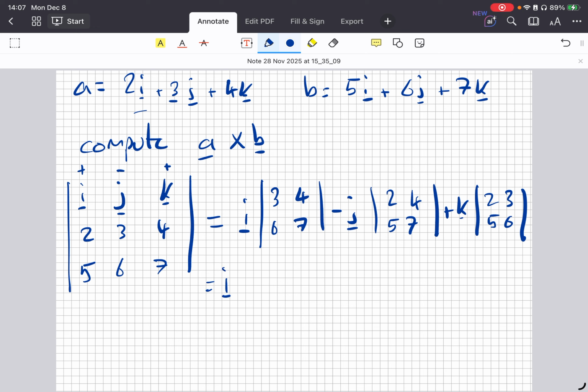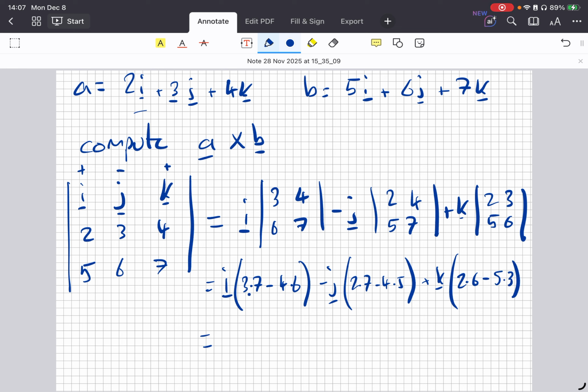So this is going to be equal to i times, well, 3 times 7 minus, well, we'll write it out for fullness sake. So 3 times 7 minus 4 times 6, and I'll have minus j, and I'll have 2 times 7 minus 4 times 5, and then plus k, and it'll be 2 times 6 minus 5 times 3.